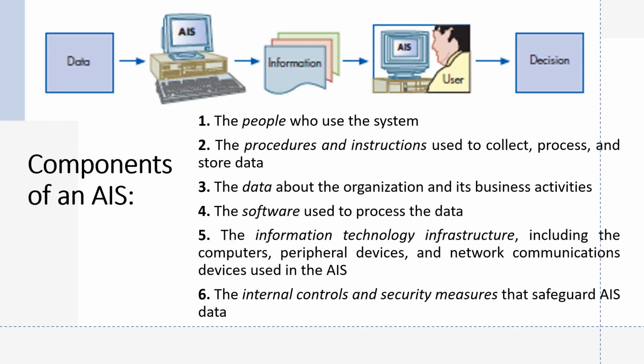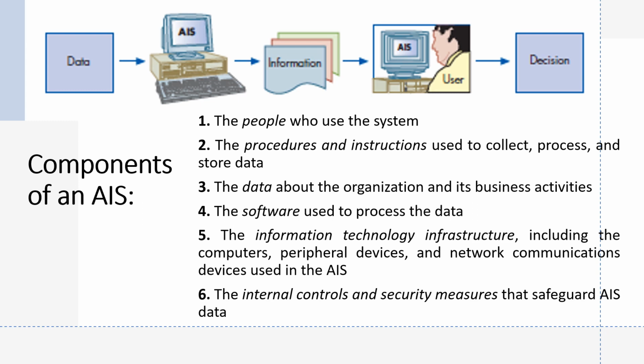Okay, now how do we get useful information? That's the reason why we may use the AIS, the Accounting Information System. An AIS could be a paper and pencil manual system, or a complex system which uses the latest IT, or a combination of IT, like Excel, and manual records.